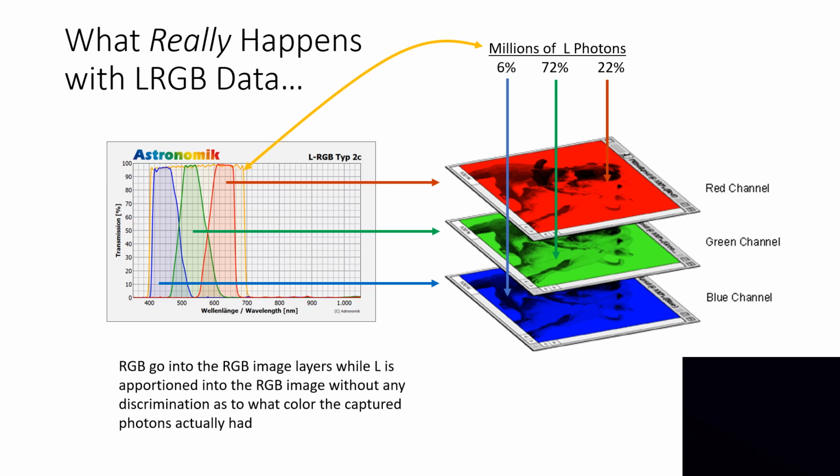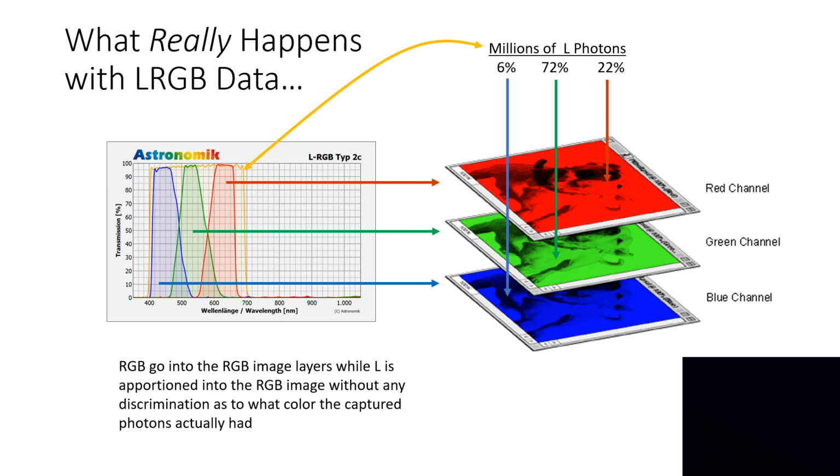Well, remarkably, those photons, perhaps millions of them, or at least thousands of them, are distributed into the images without regard for what their actual wavelengths were. 72% of them are dropped into the green layer of the RGB image, 22% into the red, and 6% into the blue. These are numbers that were derived by measurements of the sensitivity of our eyes to different colors, and are not related to the colors of the objects we're actually trying to photograph.